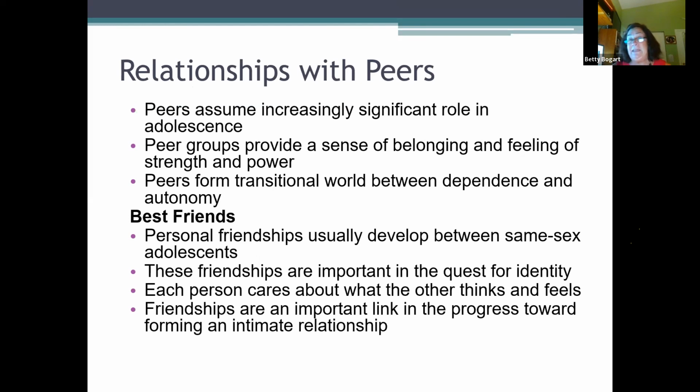Now, the funny thing about best friends is, as an adolescent, it's been shown that how you treat your best friends is how you're going to treat your partner in life. So if you're good and understanding to your best friend, that's the way you're going to be for your partner in life. But if you don't remember things, forget things for your best friend, you're going to be like that with your partner for life.